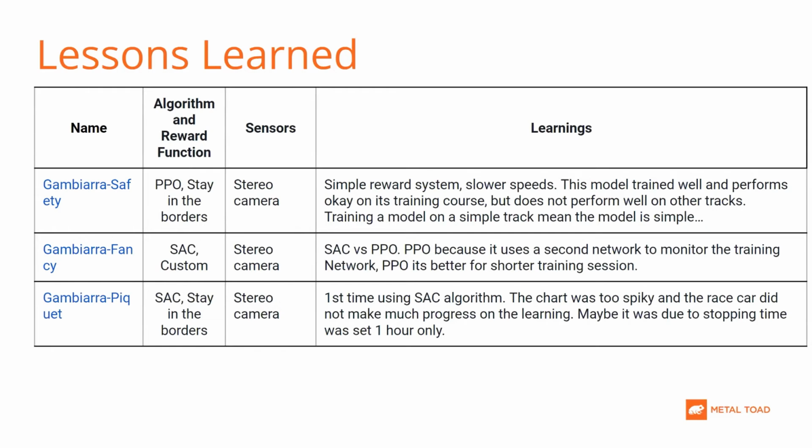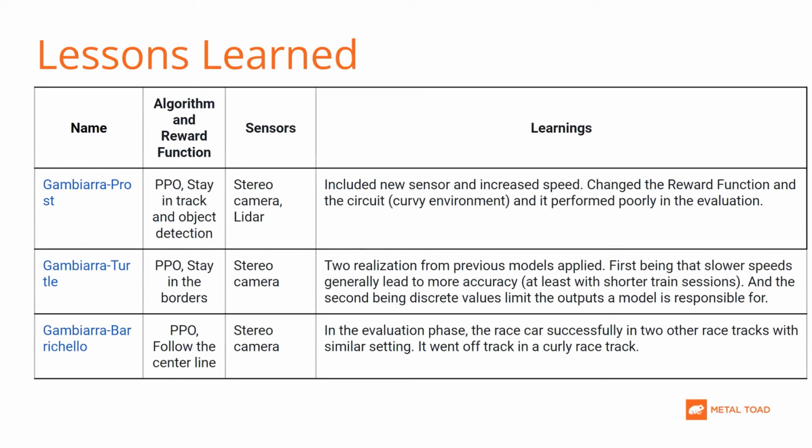We had, I think, 13 models, so we were comparing the algorithms and the reward functions. In the end, if we pick one of the models that had the best performance in terms of staying on track, I would say it was one of the first models.